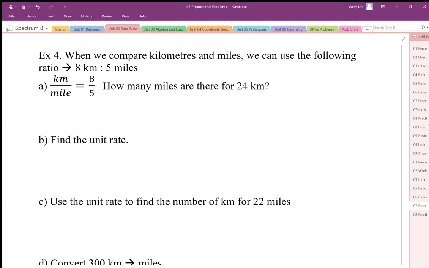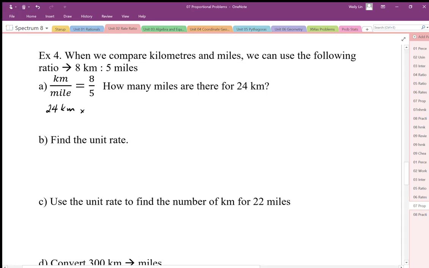So when we're converting kilometers to miles, we often use this conversion: 8 kilometers equals 5 miles. As kilometers per mile, we can say 8 to 5. So we can use this ratio to figure out miles from kilometers. I'm going to start with 24 kilometers, and I want to multiply by this rate.